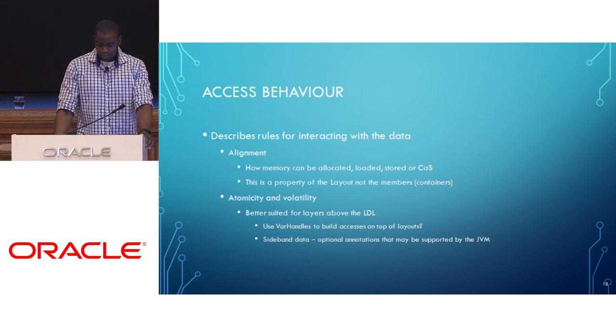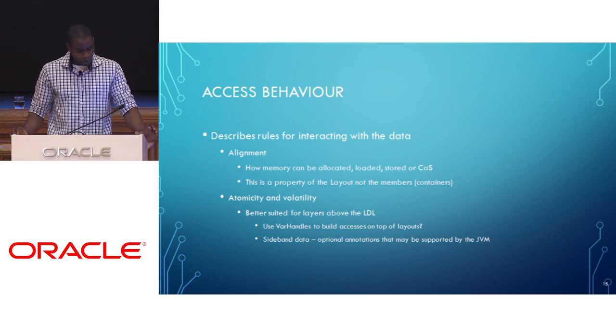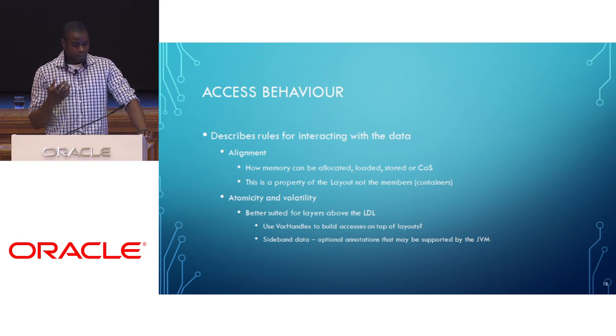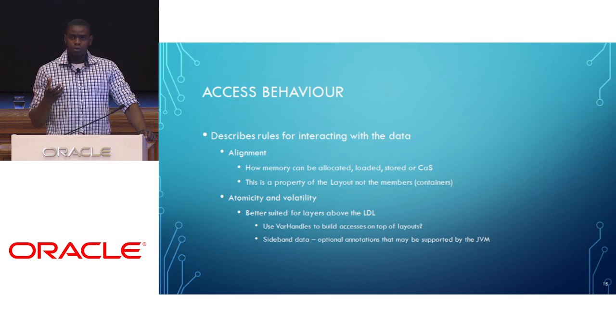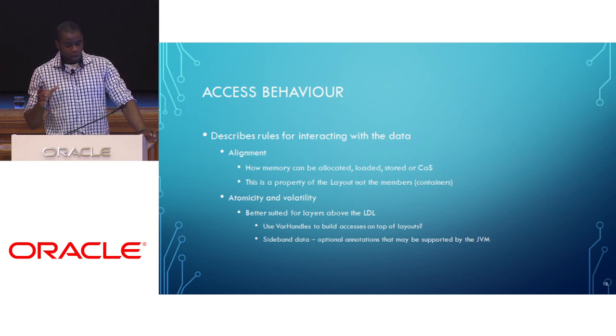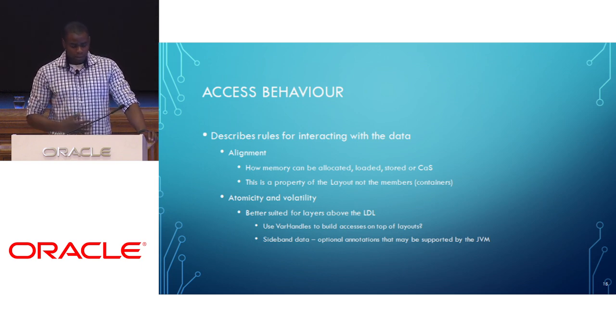So now I'm going to talk about access behaviors. It's basically rules for interacting with the data. One of the concepts that's very important is alignment. This basically describes how you're allowed to allocate, load, store, and do atomics with a certain piece of data.